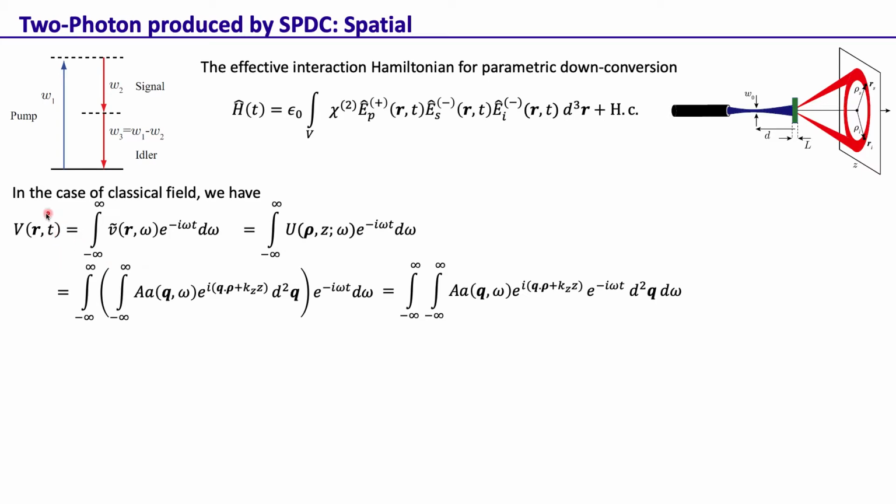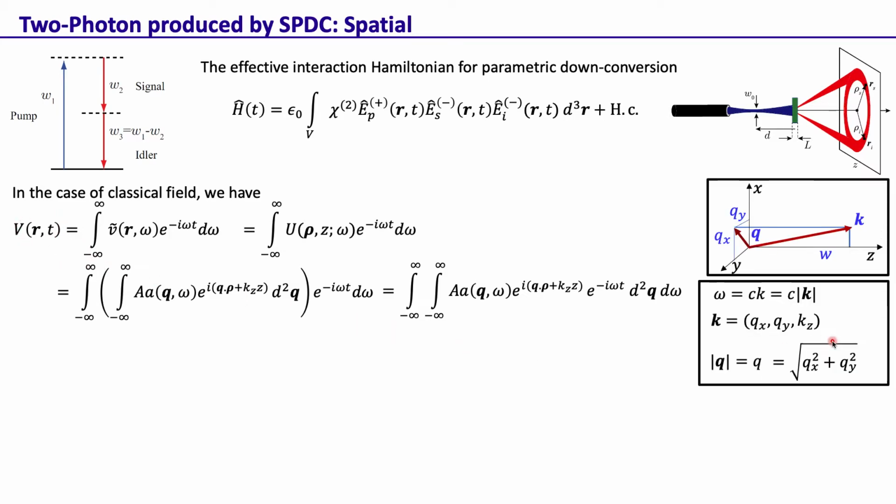So, this is how we actually expand a classical field. Just to remind, these are the different terms and that's what they mean. This is k, the wave vector, and q is the two-dimensional spatial frequency (q_x, q_y), and the frequency is basically c times the modulus of the wave vector, and so on.